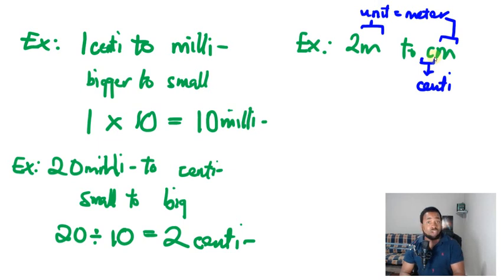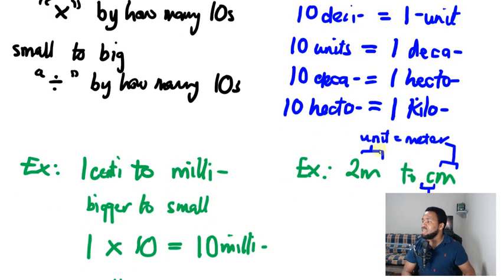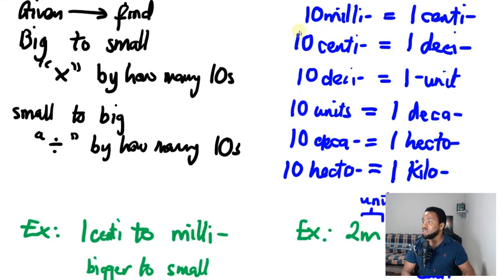So our question here is, which one is bigger, meter or centimeter? In this case here, we know that centi is smaller than unit, and we know that unit is our specific beginnings, therefore unit is bigger than centi.